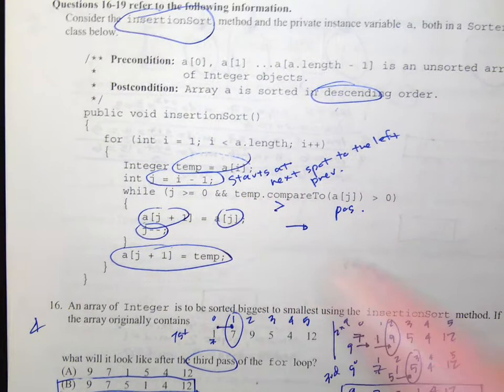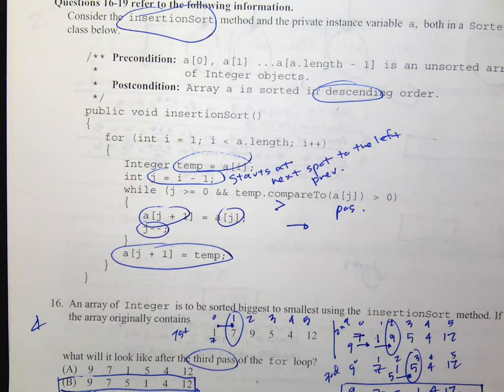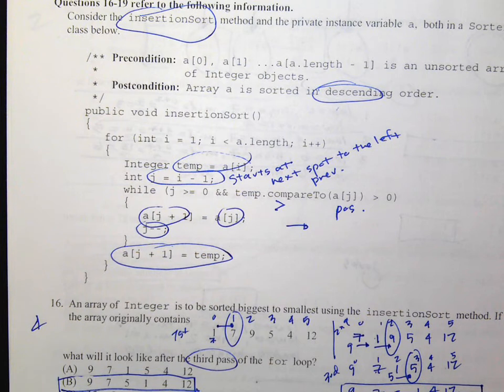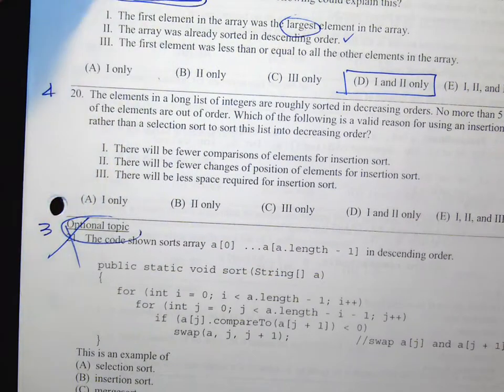So it says, starts at the next spot to the left, if J and temp, temp is, I don't know. I'm stuck right now. Hold on, let me pause this.